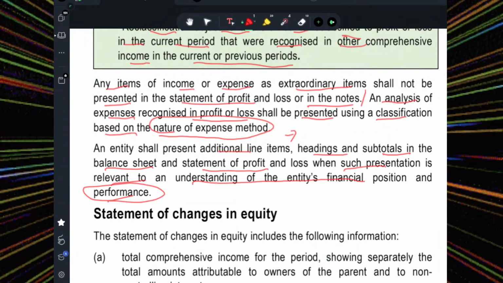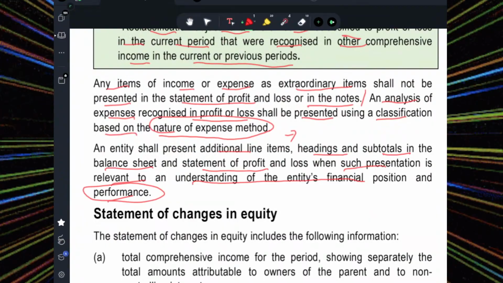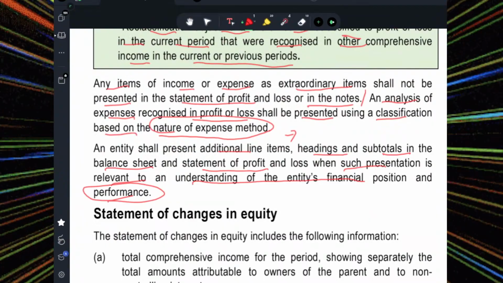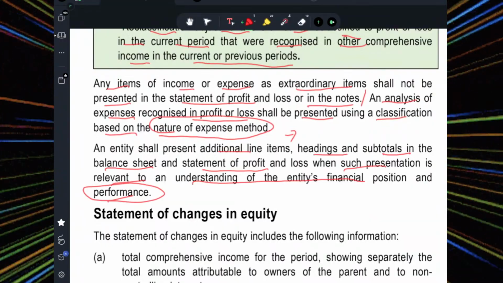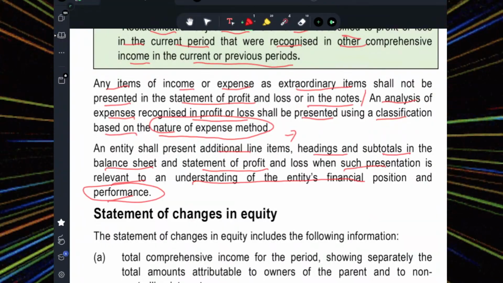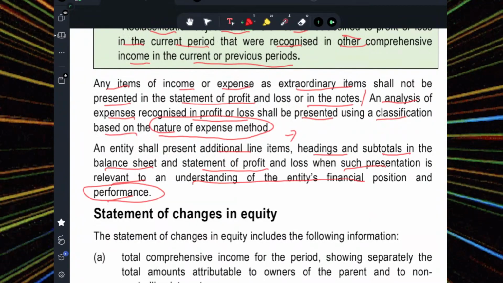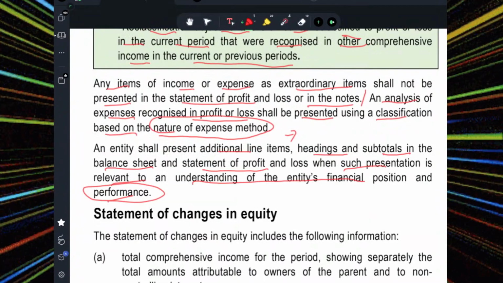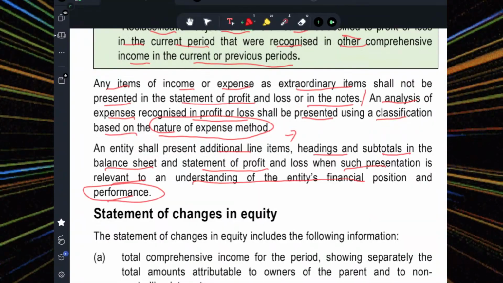We should not just add everything or subtract everything. So total income, operating income, other income. Under other income we should give what the other income is. Expenses: what are the expenses? Employee expenses, change in inventory. Then other expenses: salary, electricity bill, power and fuel, employee compensation, bonus given, gratuity expenses.